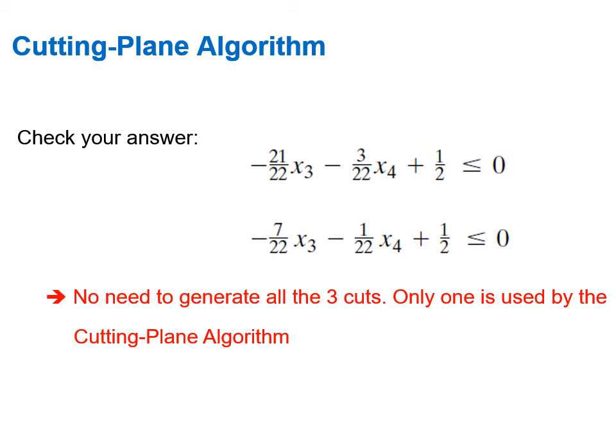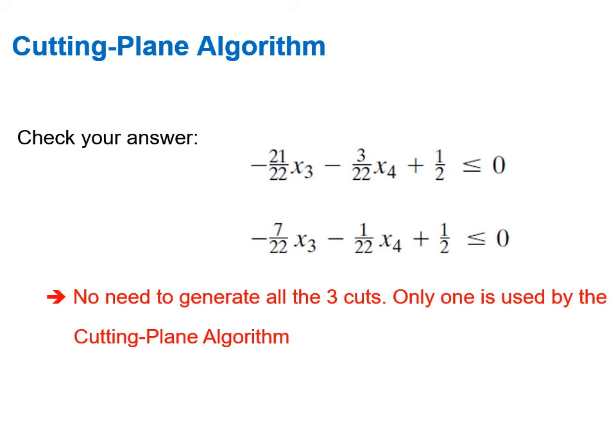And for the second one, the cut should be this one. Again, if you like, you can move this 1 over 2 to the right hand side, or you can multiply this by minus 1 to have a new cut.